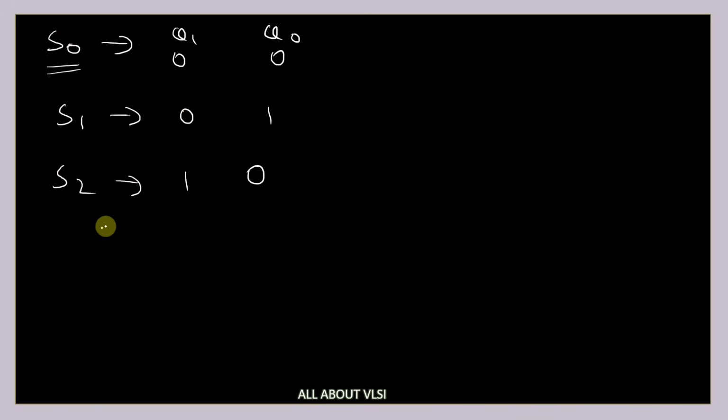Let's say S naught is binary encoded as Q1, Q naught. So I'm going to have 2 bits per encoding. S1 is 0, 1, and S2 is 1, 0. These are the three states. And let's take S3 also, which is 1 and 1. Now, we don't have S3, but we are going to take it.